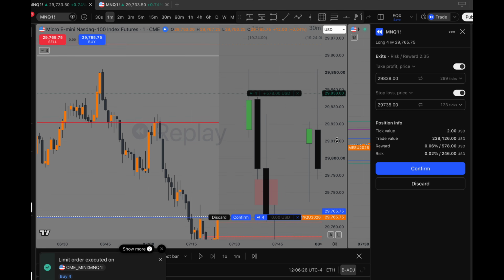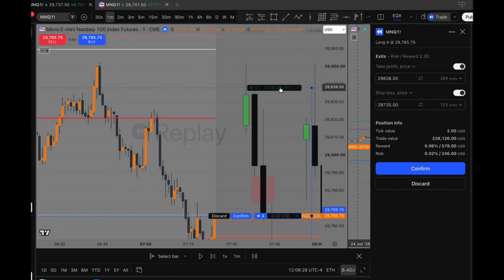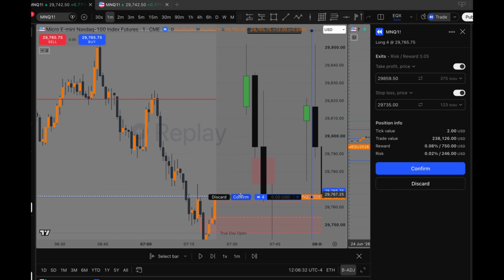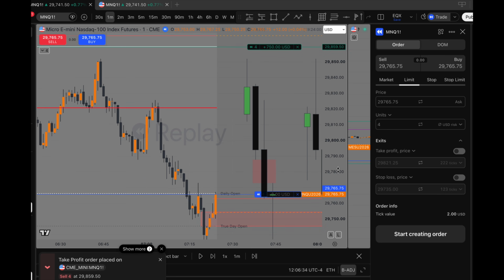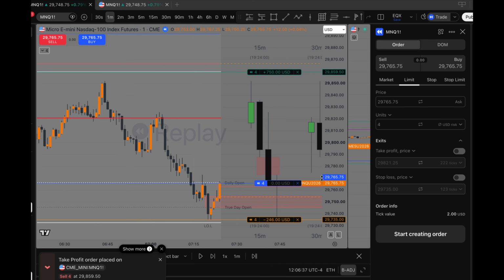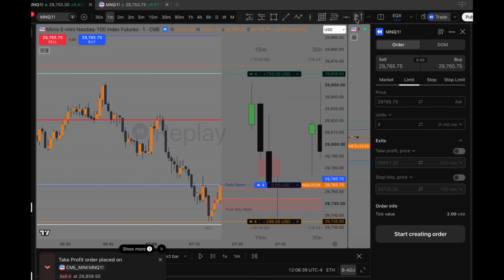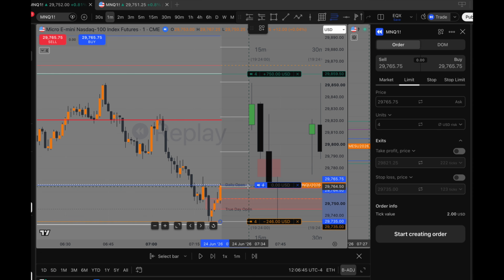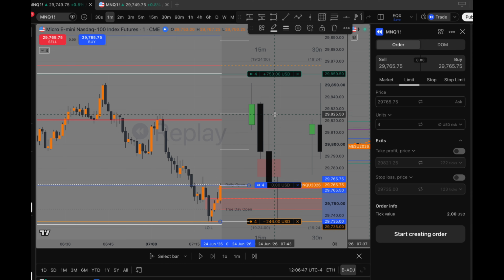In this case, I put my TP at the value area high and I waited to see the reaction at the point of control. I would usually target the point of control if it's at least a 2R, so usually I would take it out there.